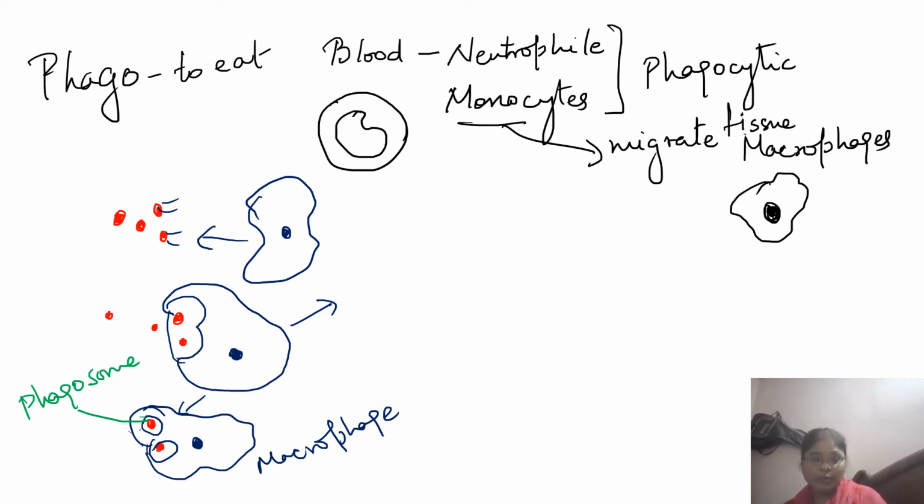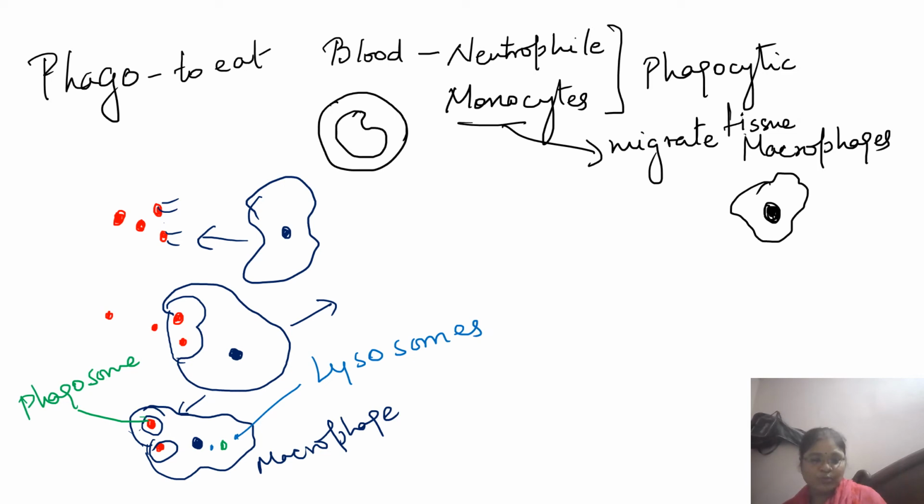Now you know that the macrophage has various vesicles, which we call lysosomes. So they have vesicles which we call lysosomes.